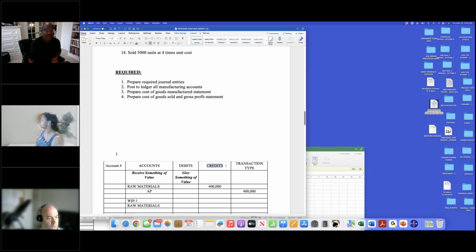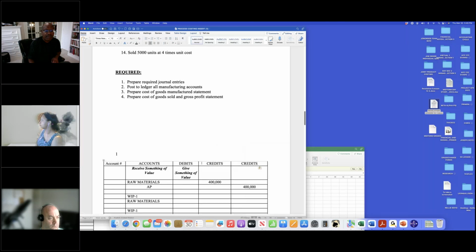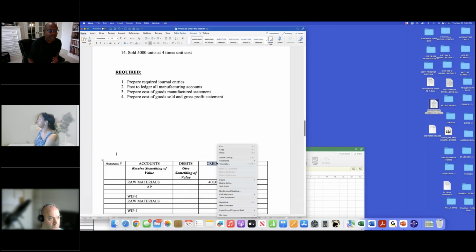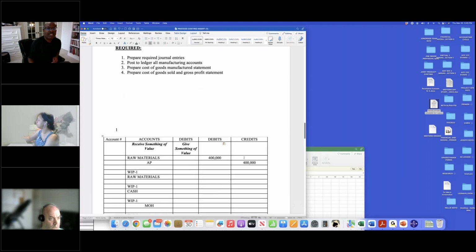Then our direct labor for number three will be work in process, a debit of 272,500, then a credit in cash, which is the labor, of 272,500.